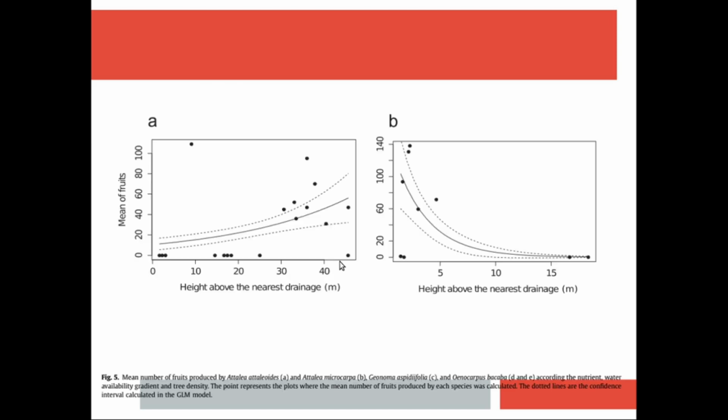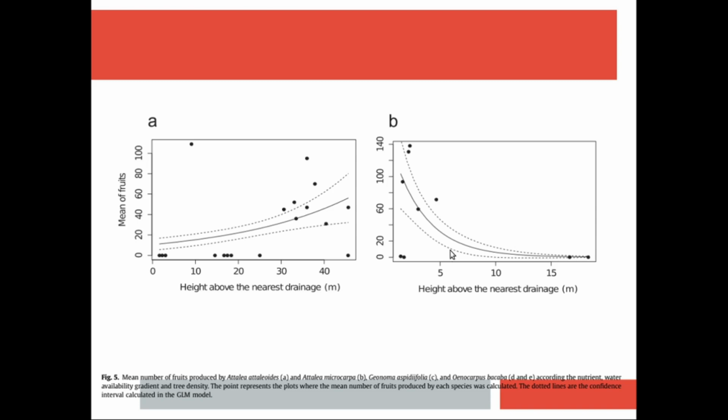Okay, and here is the mean of fruit. So remember that I measured the presence and absence of fruits, and also the amount of fruit. So I counted all the fruits in the palm, and the mean of fruits also increases, and it depends on the species. For example, this one is Attalea attaleoides, and this one is Geonoma spixiana. In Geonoma spixiana, the farther we get from the water, not that far compared with the hilltop species, the fewer fruits it gets.